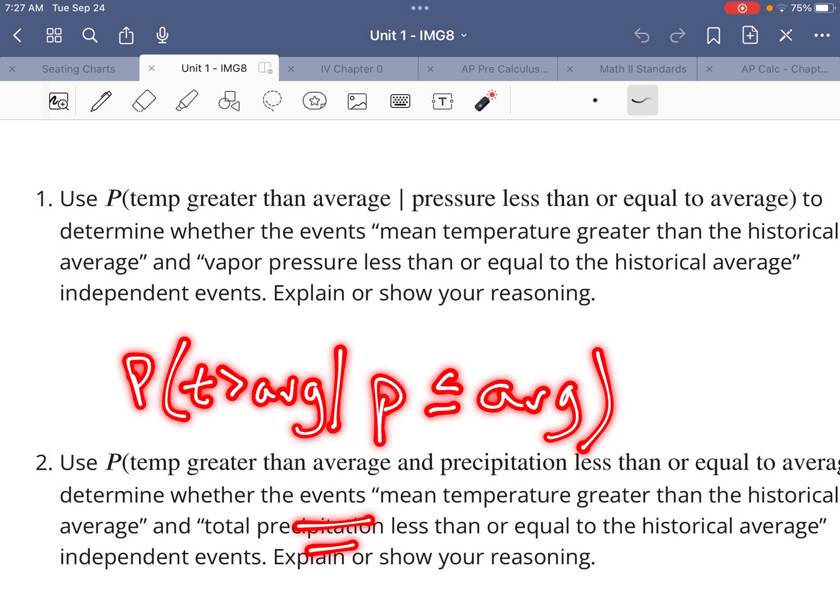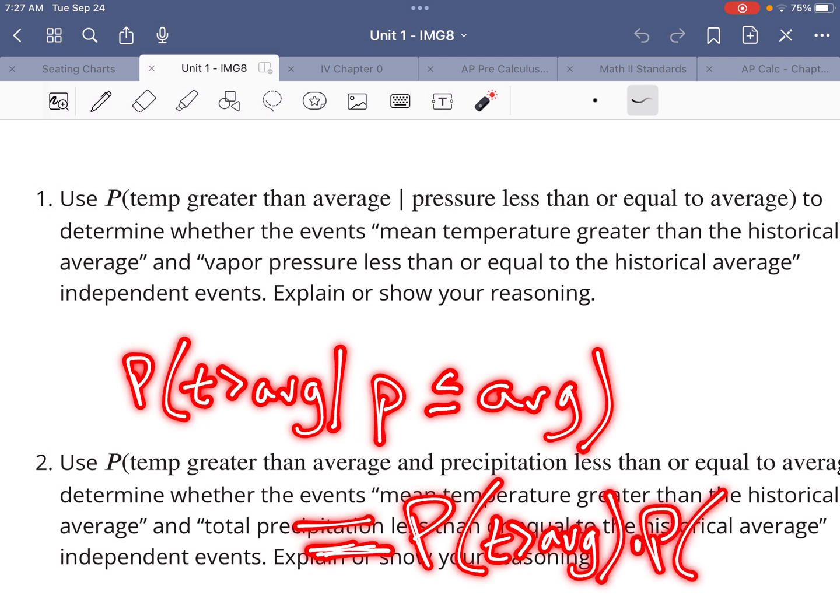If we figure out the probability of each of those things individually and multiply them together, it'll show whether or not these are independent. If they come out to be exactly the same number or even relatively close to each other, then we would say that these events are independent.